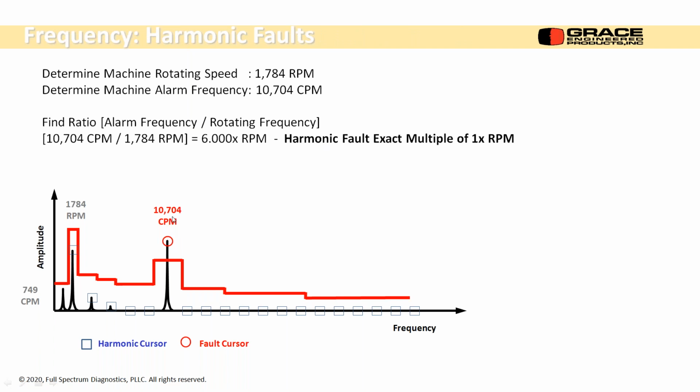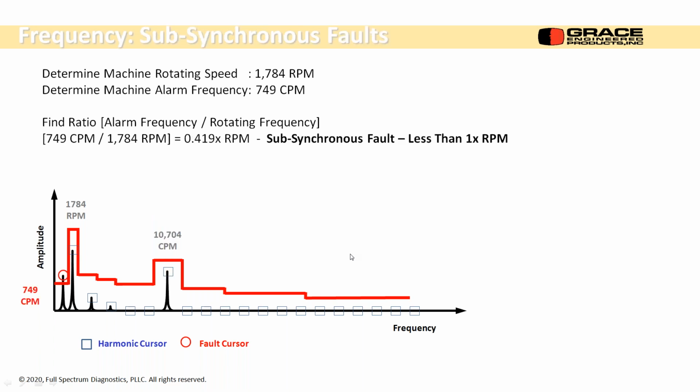So I have to know, how does this peak relate to that peak? 10,704. When I put my cursor on it, I divide by 1784, I get exactly 6. So this is 6 blades on a fan, or 6 blades in a pump, what have you. So we have an exact multiple of turning speed.